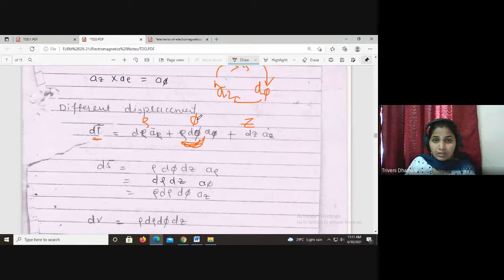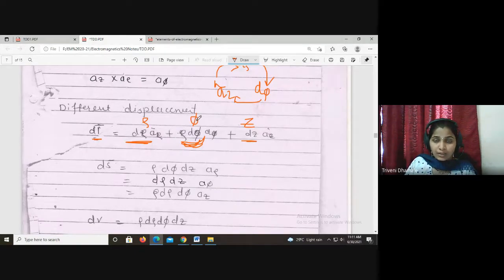So the differential length of phi is radius rho into d phi, then we get the differential length for the phi coordinate. For rho, if it is length, simple d rho. For z, if it is length, simple dz with unit vector.